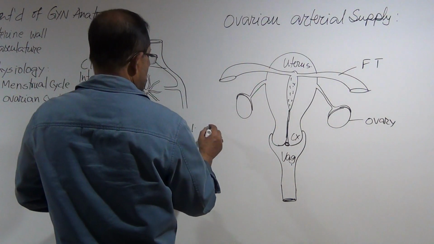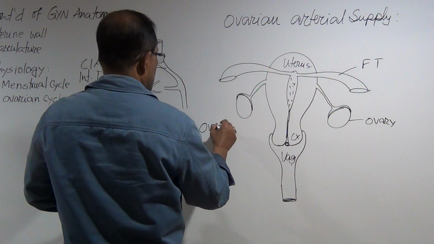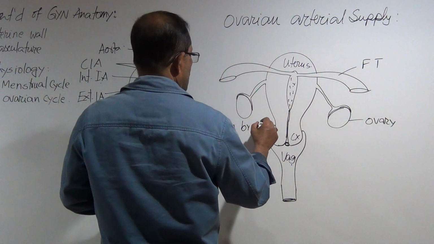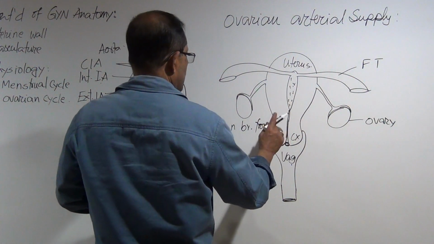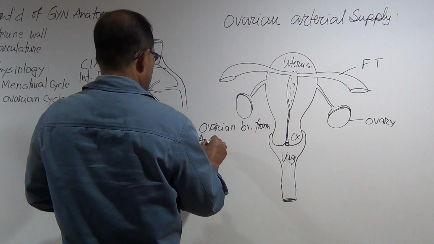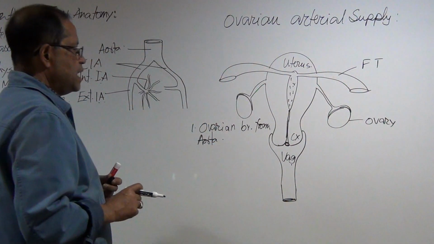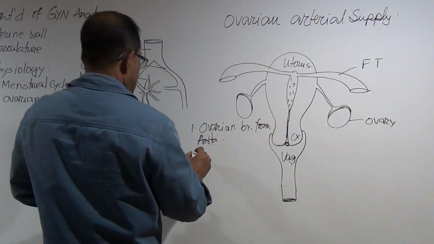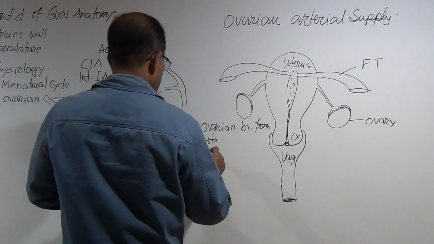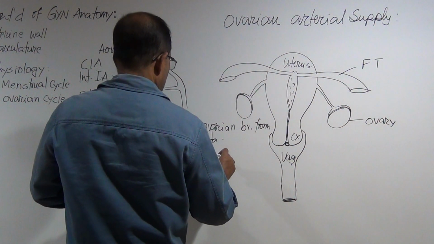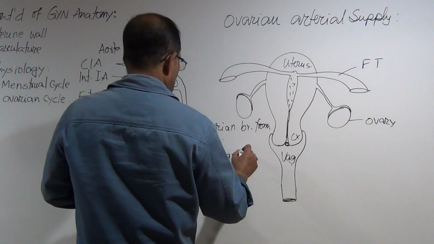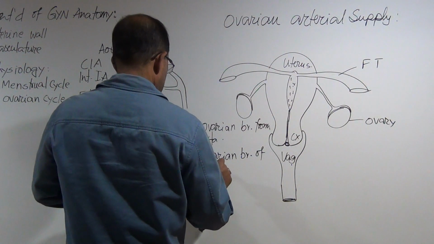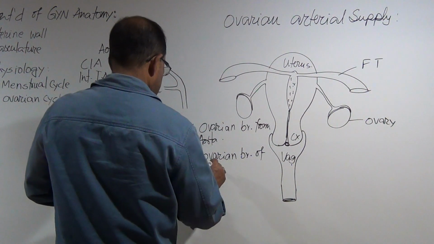Number one source is the ovarian branch from the aorta. The aorta gives a direct branch to the ovary, and the other supply is the ovarian branch of the uterine artery.